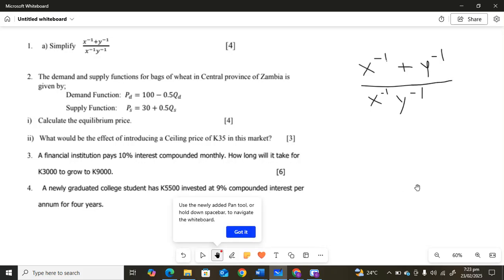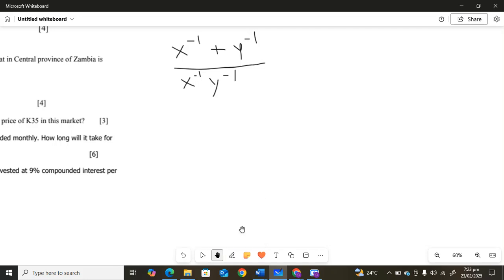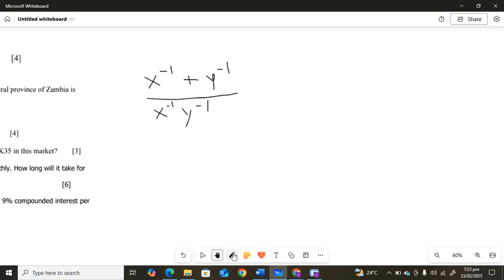Okay, so here we have to remember some certain laws from mathematics, the laws of indices. This is the law you need to remember.